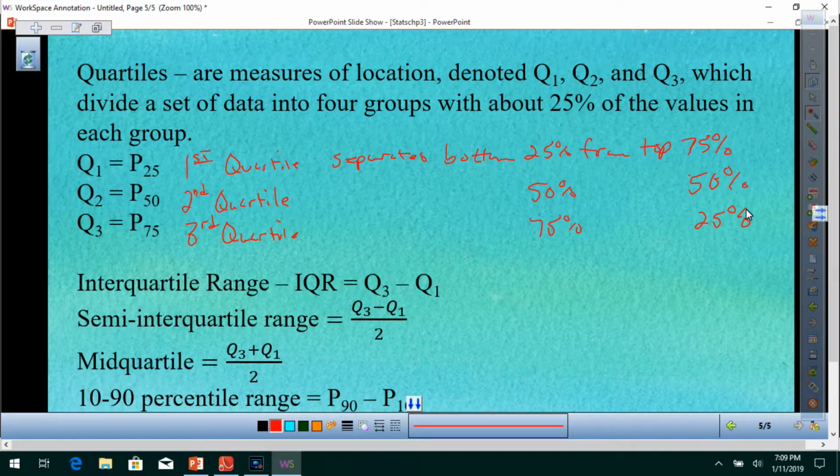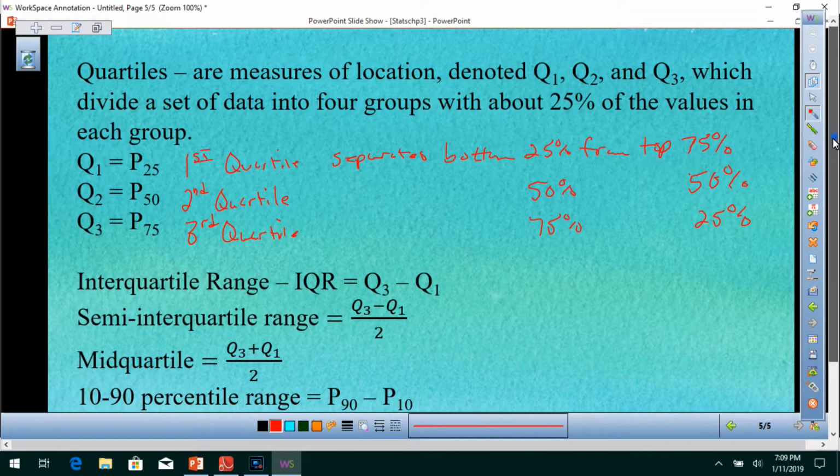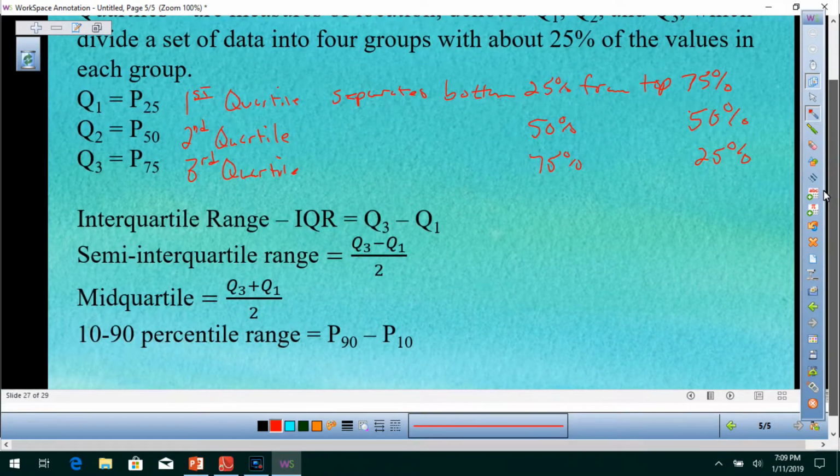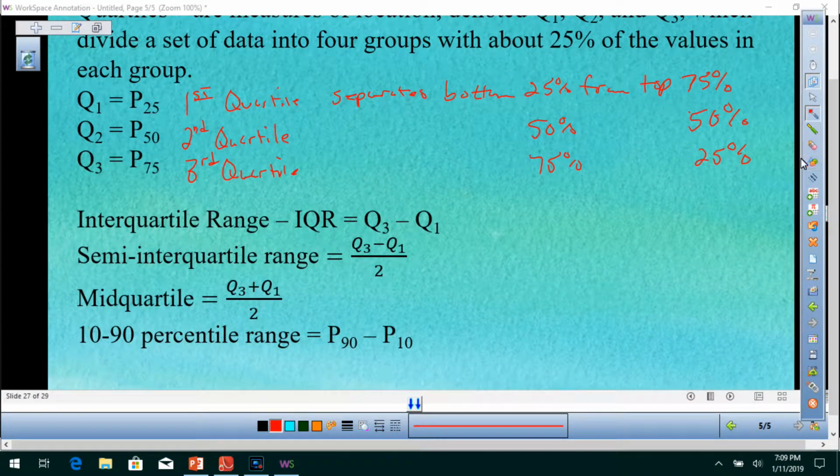Now we're going to work with these in a little bit, but you can use the procedure that we just used to find P sub 25 to find Q sub 1, Q sub 2, and Q sub 3. The interquartile range is Q sub 3 minus Q sub 1.